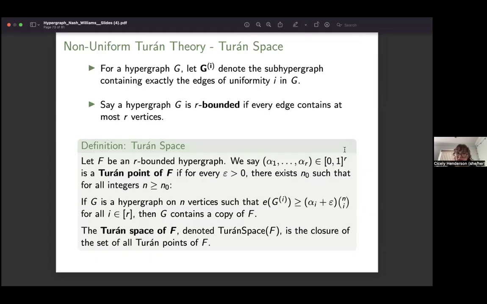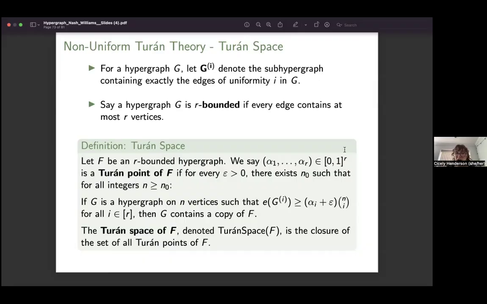So for a hypergraph G, we let G to the I denote the subhypergraph containing exactly the edges of uniformity I in G. And a hypergraph G is R-bounded if every edge contains at most R vertices. So then the definition of a Turán space is that if F is an R-bounded hypergraph, we say that this vector of length R, alpha 1 through alpha R, is a Turán point of F if for every epsilon greater than 0 and every n big enough, the following holds.